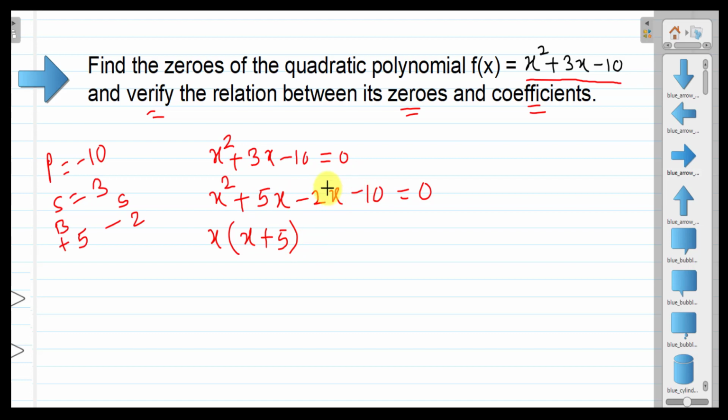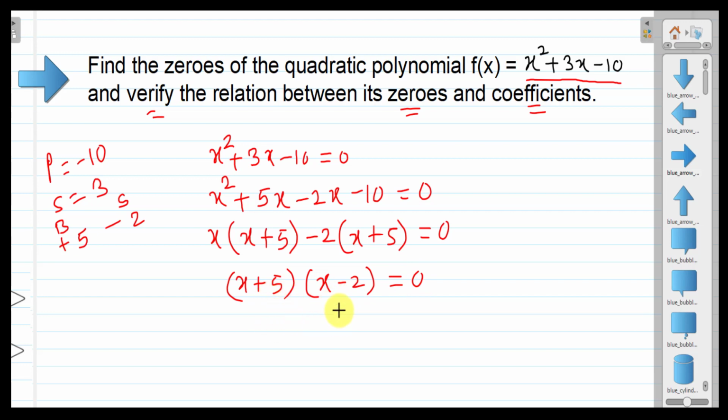From the next two terms, we can take out minus 2 as a common factor. So inside the bracket it will be x plus 5, which is equal to 0. Again from these two terms, x plus 5 is a common factor, so it will be x plus 5, close the bracket, into another bracket x minus 2, which is equal to 0.